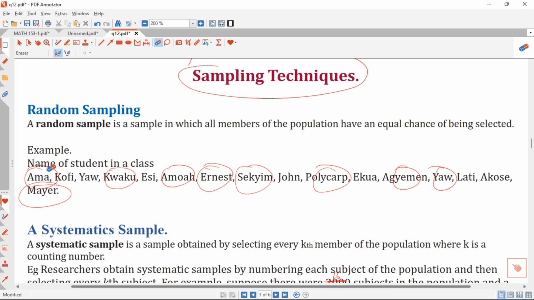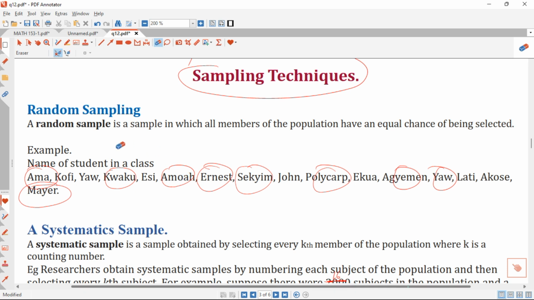For this random sampling, we are just going to look through the population and select any people of our choice. So here I've selected Amma, Kweku, Amwa, Ernest, Sechin, Polycarp, Ajimai, Yao, and Maya. These are 9 people, selected from the population to form the sample. Random sampling doesn't follow any criteria.